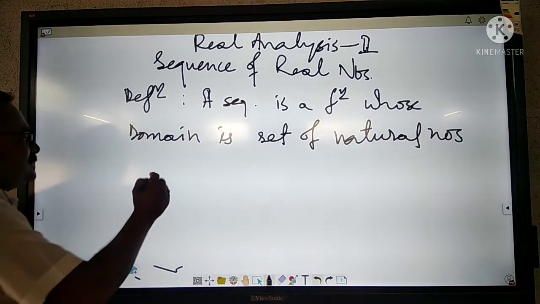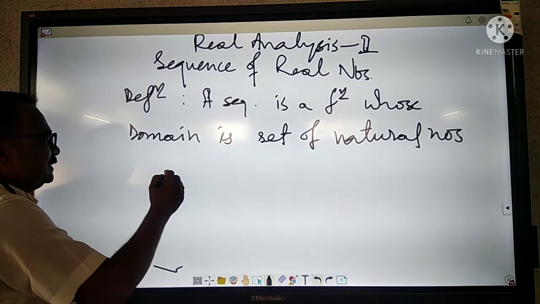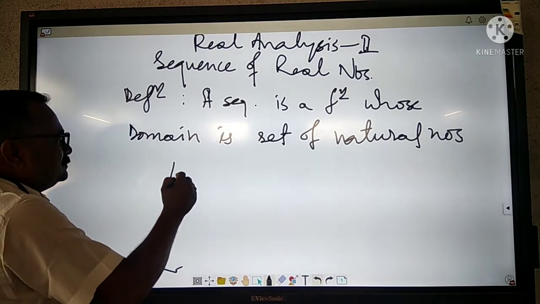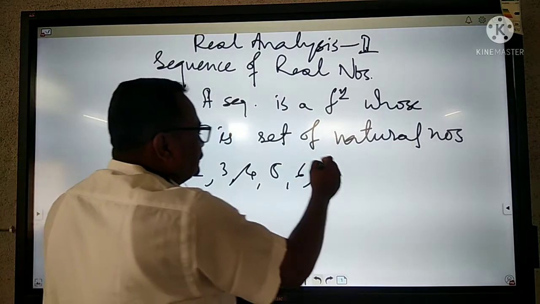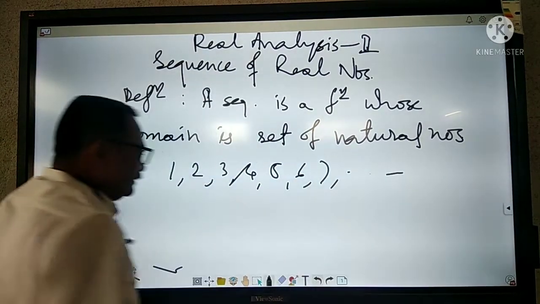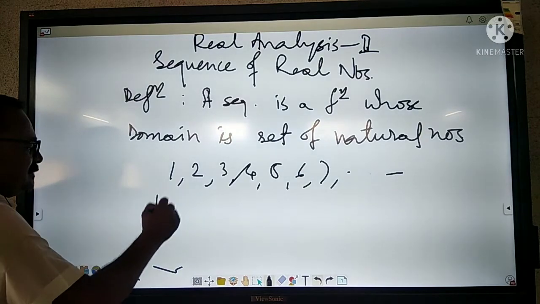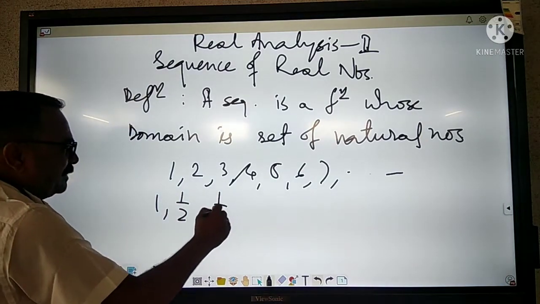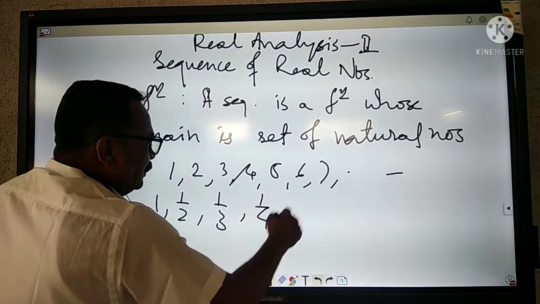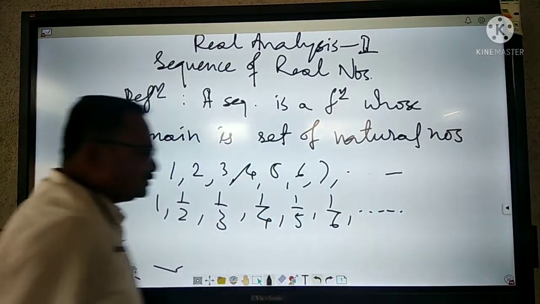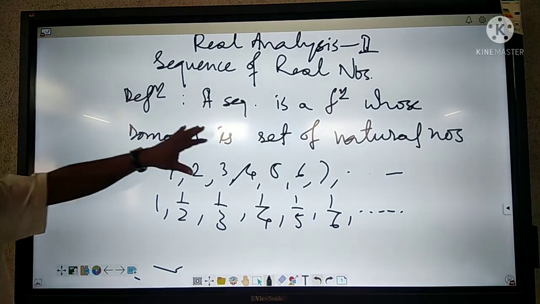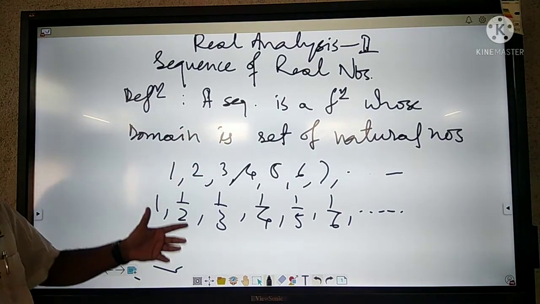For example, consider the sequence 1, 2, 3, 4, 5, 6, 7, etc. Or, better, 1 by 2, 1 by 3, 1 by 4, 1 by 5, 1 by 6, etc. These are two sequences.